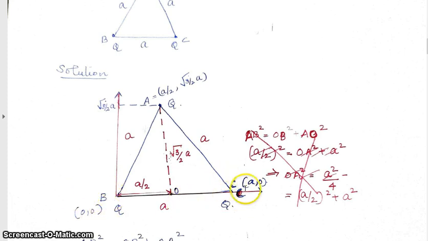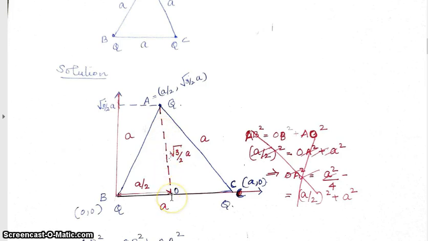And C is A, comma 0. The x coordinate of C is A, since the side is A, and y is 0. Now you have to find the coordinates of A. For that, I am going to draw a dotted line straight down to my BC.